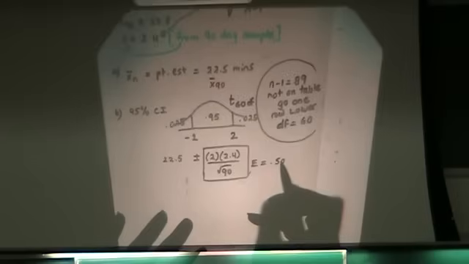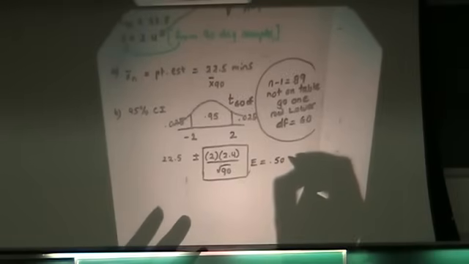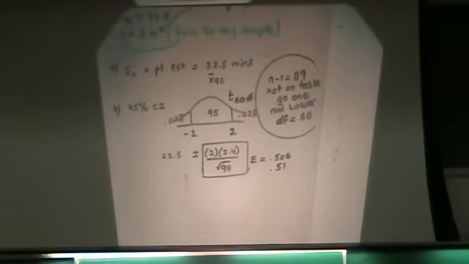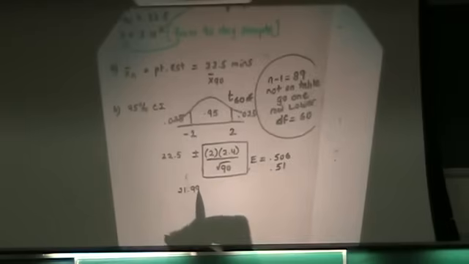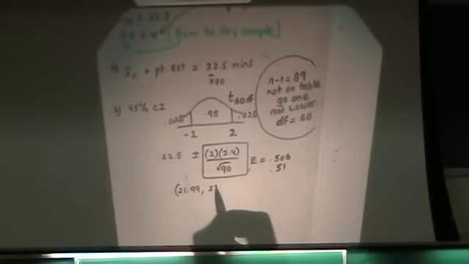0.507? I'm sorry, how much? 0.506. So 0.51. E is 0.51. So 22.5 minus 0.51 gives me 21.99. And 22.5 plus 0.51 gives me 23.01.